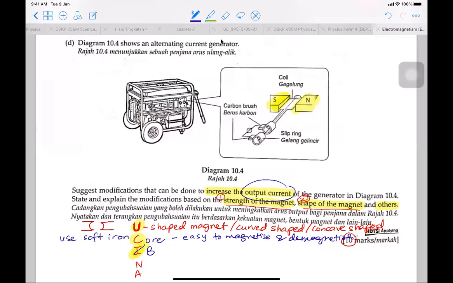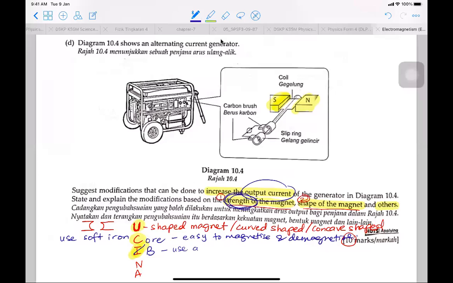B stands for the strength of the magnet, right? Because we are referring to this one, the strength of the magnet. So B, what should we do to the strength of the magnet? Use a stronger magnet.